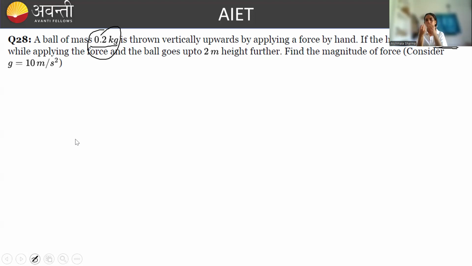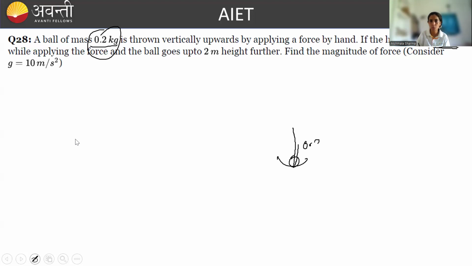It means hand and ball were in contact for how much distance? 0.2 meter. ठीक है? And after that, जैसे यहाँ पे hand ले लो, ball and hand are at rest. Hand started moving up, ball is also there.